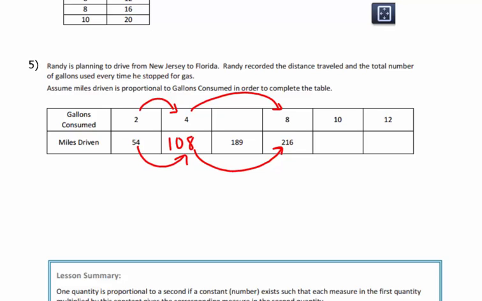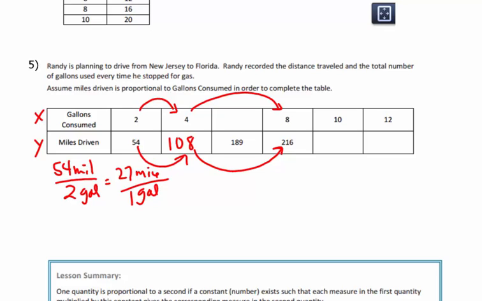So the miles driven depends on how many gallons of gas I use. So the miles depends on the gallons. So 54 miles over 2 gallons. My unit rate would be 27 miles per gallon.